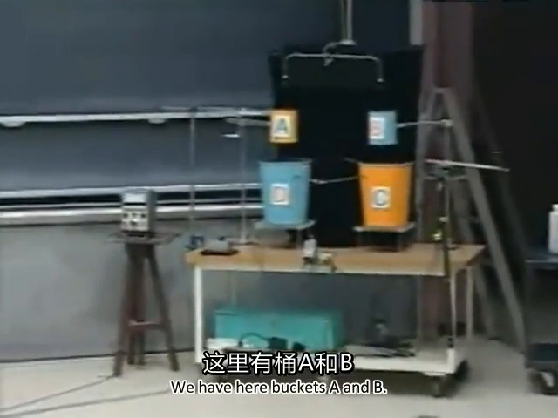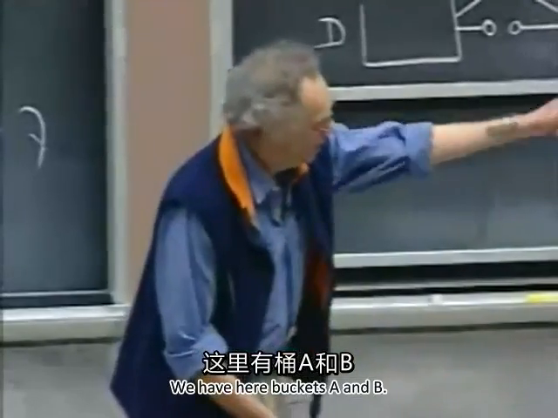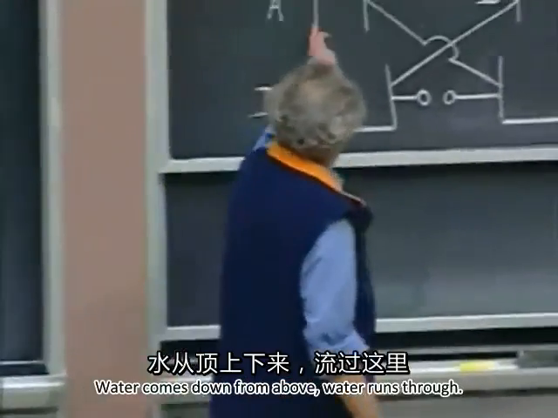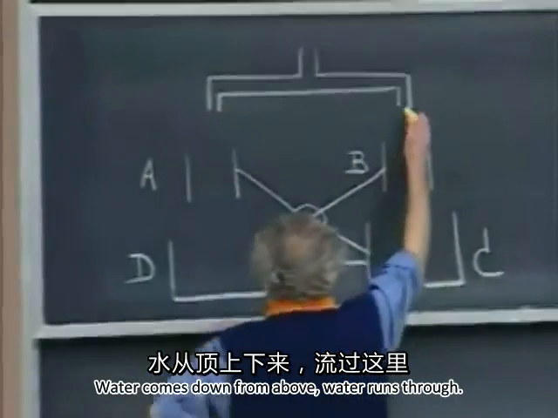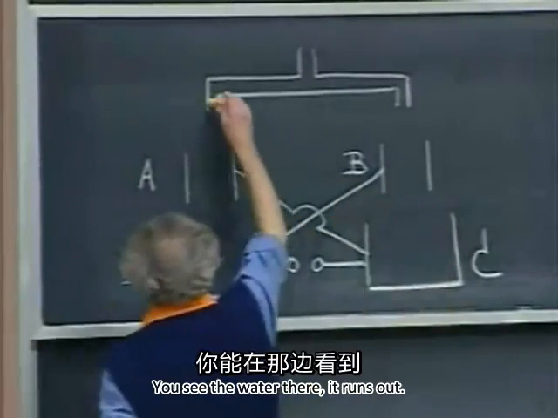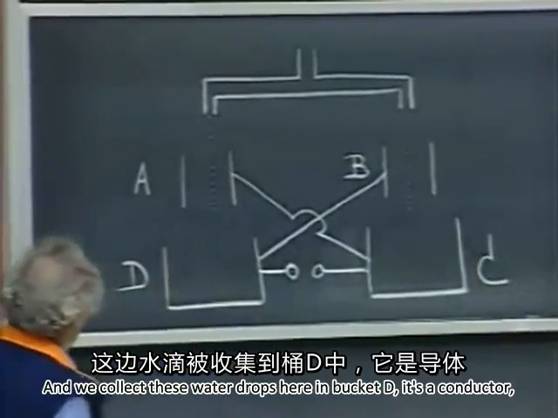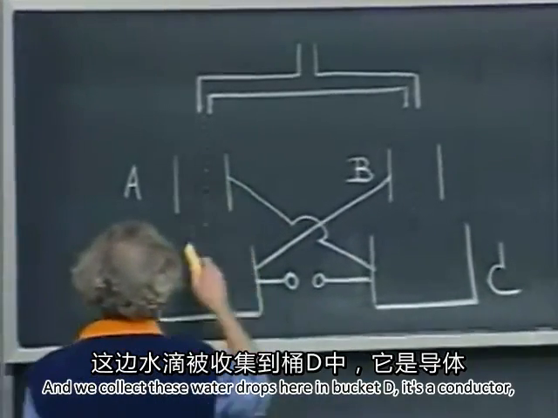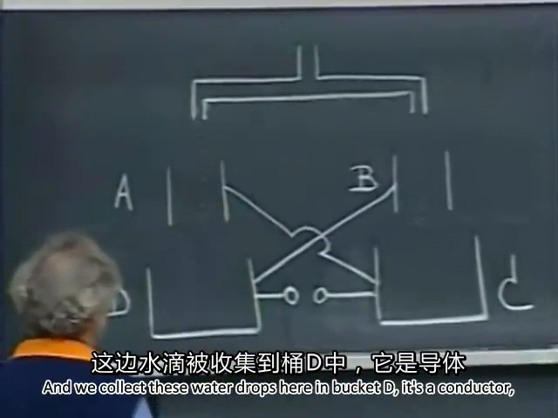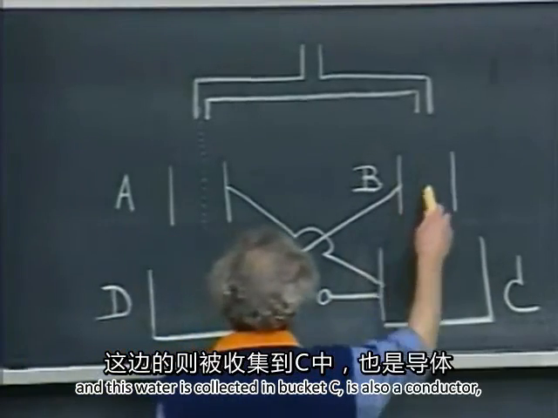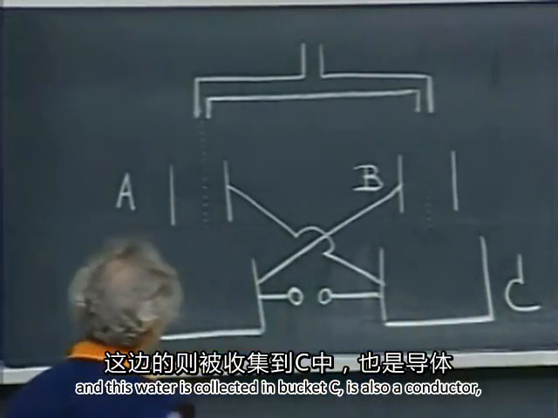We have here buckets A and B. Water comes down from above. Water runs through. You see the water there, runs out. And we collect these water drops here in bucket D. It's a conductor. And this water is collected in bucket C, is also a conductor.